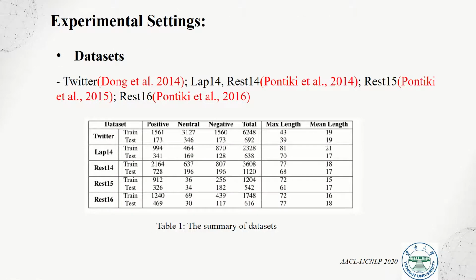To compare the proposed model with other aspect-level sentiment analysis models, we conduct experiments on the following 5 commonly used datasets. The statistical description of these corpora is shown in Table 1.